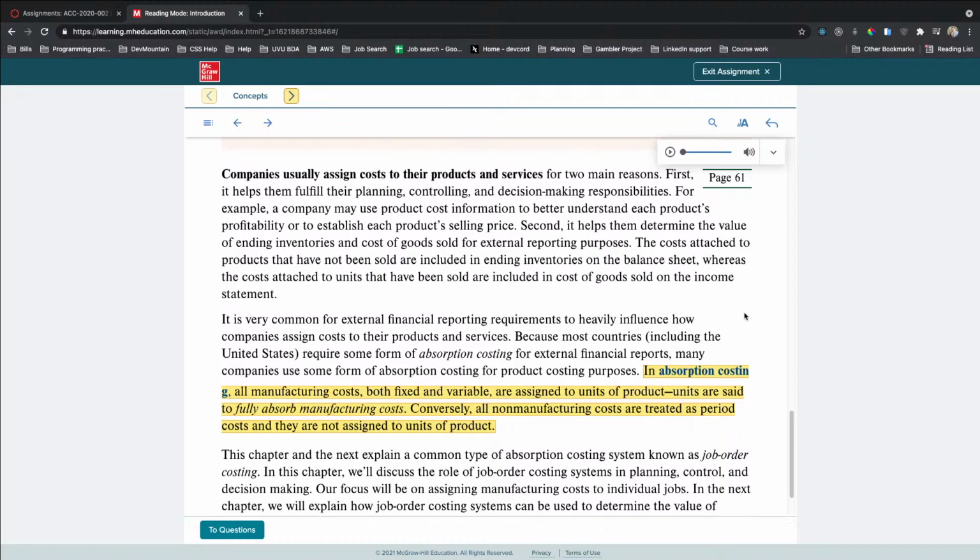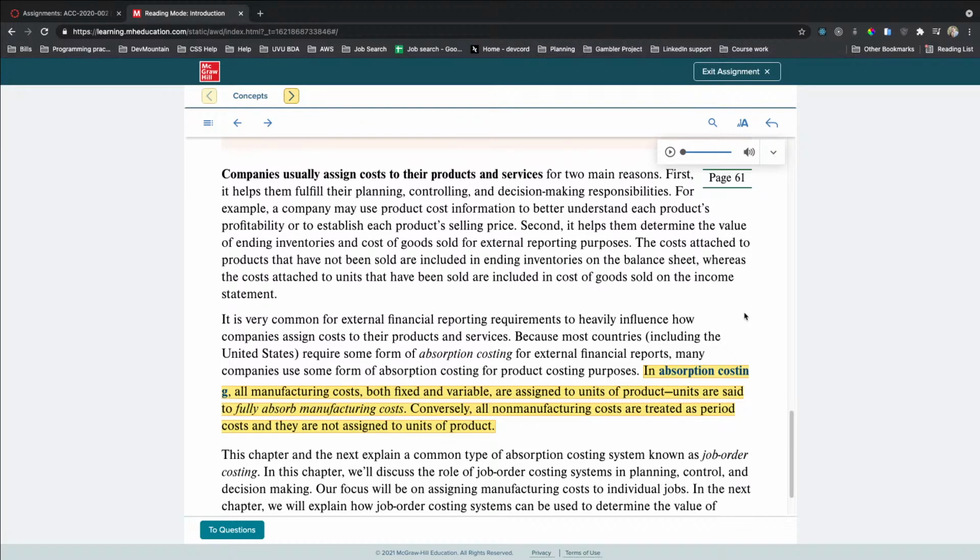The costs attached to products that have not been sold are included in ending inventories on the balance sheet, whereas the costs attached to units that have been sold are included in costs of goods sold on the income statement.